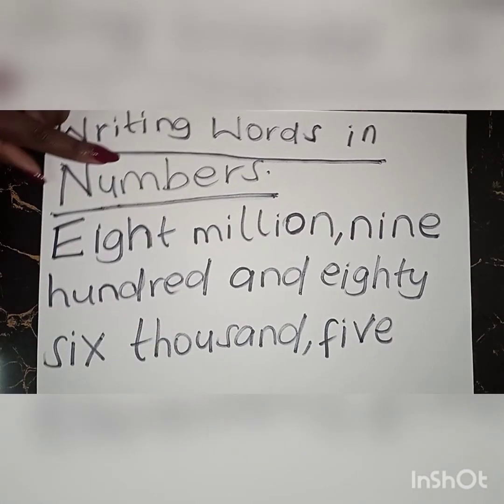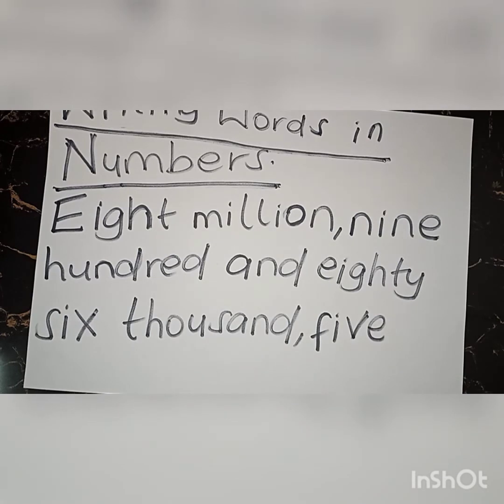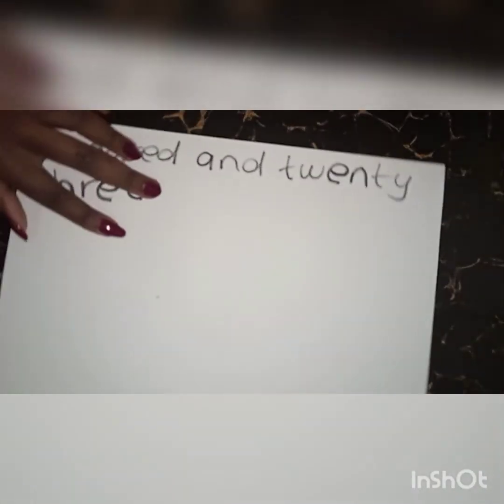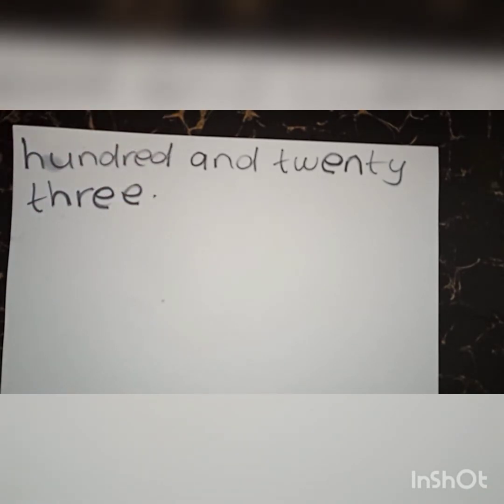So if you've been given a question like this, 8,986,523, and you've been asked to write this in numbers, what do we do? Let's now write each number by itself.